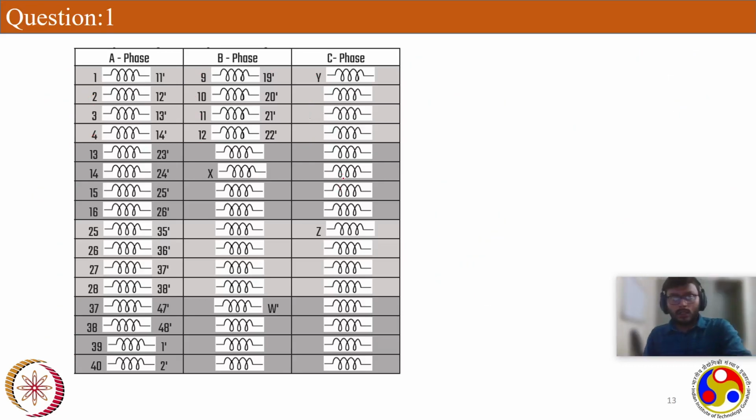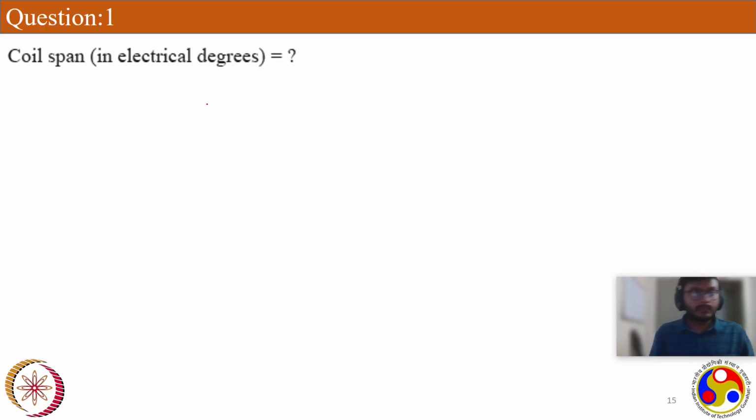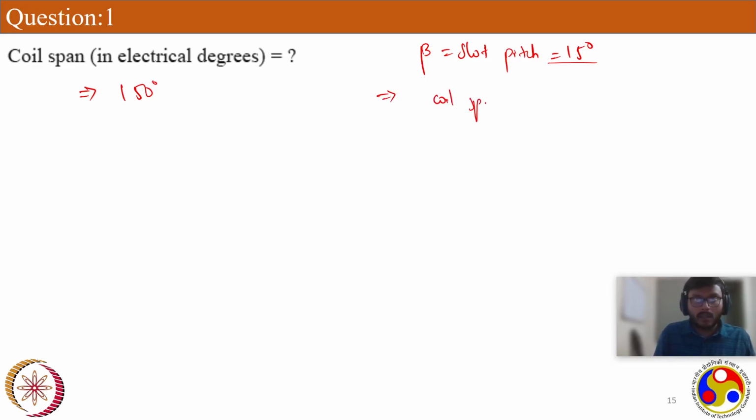Now let's go into the questions. Coil span, we already solved it. What is the coil span we got? How much is the coil span? 15? No, no, that is beta. That is slot pitch. Exactly, our coil span is 150 degree. If you want to calculate it, beta, the slot pitch, is 15 degree, that we got, and our coil span will be, it is 1 and 11 dash, right?